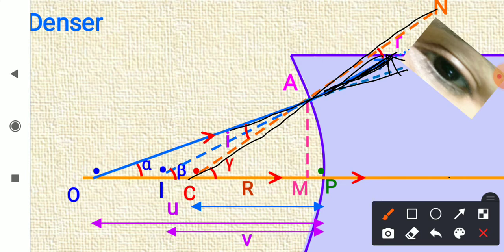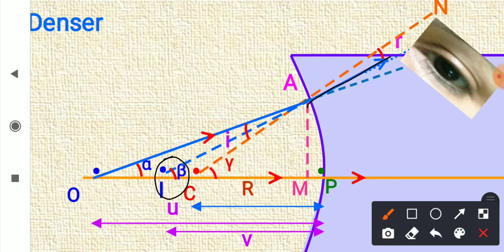So when you produce the refracted ray backwards, it meets the principal axis at this point. And the light ray which is moving from the object along the pole and through the center of curvature is moving along the normal and there is no deviation.